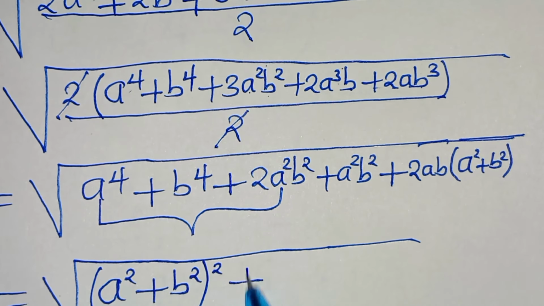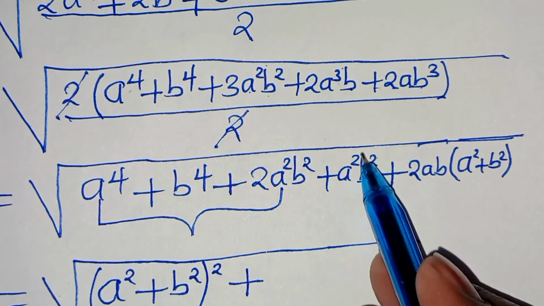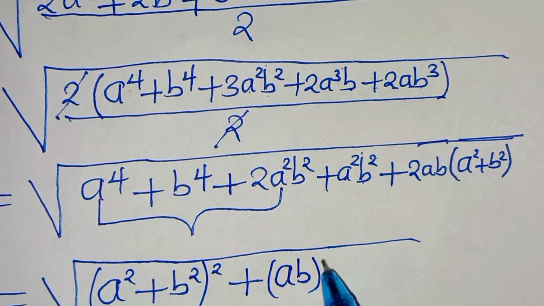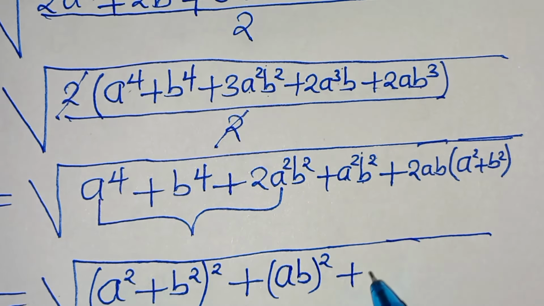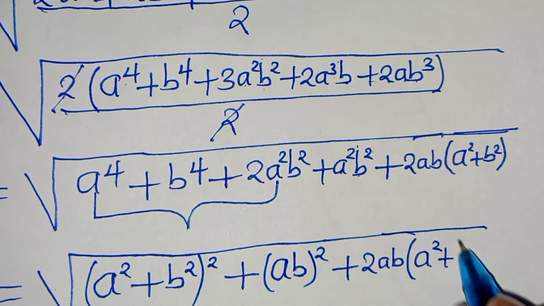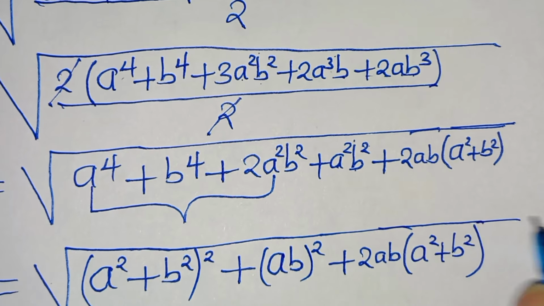Okay, then plus, here we have a squared b squared, which we can express as a times b raised to the power of 2. Then plus, here we have 2ab, we factorize 2ab into the parenthesis. This is a to the power of 2 plus b to the power of 2.